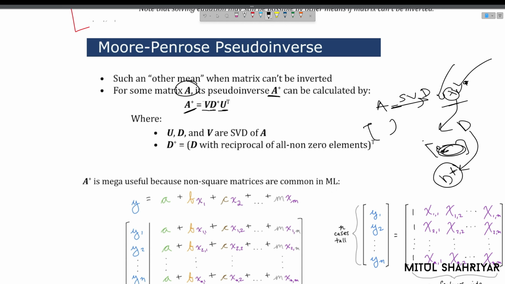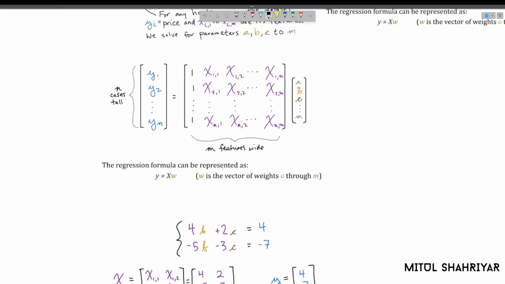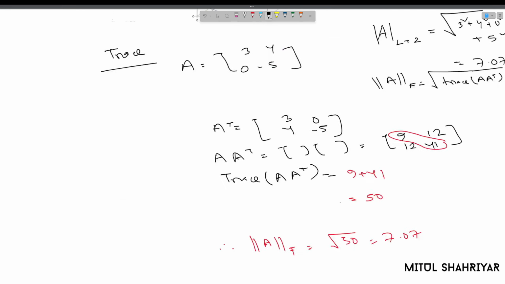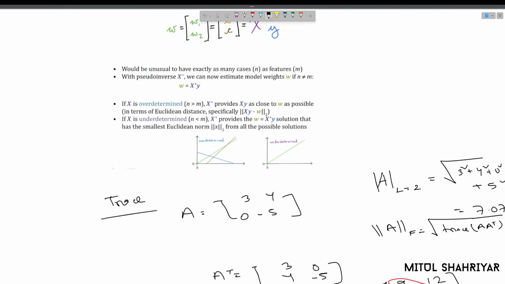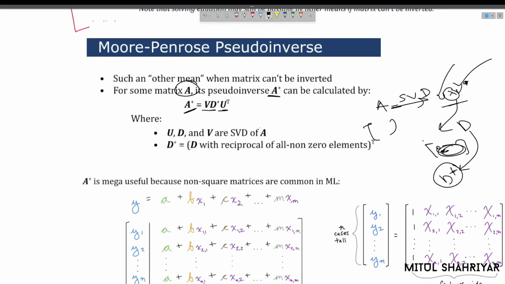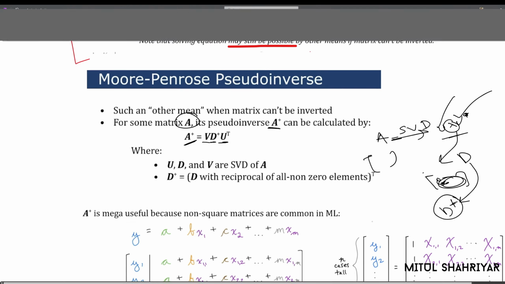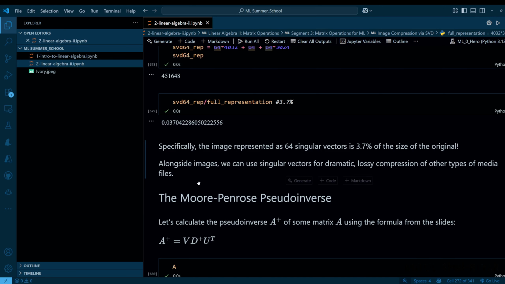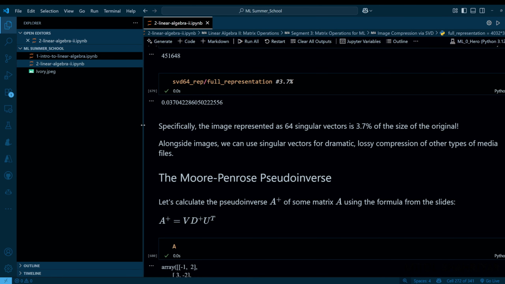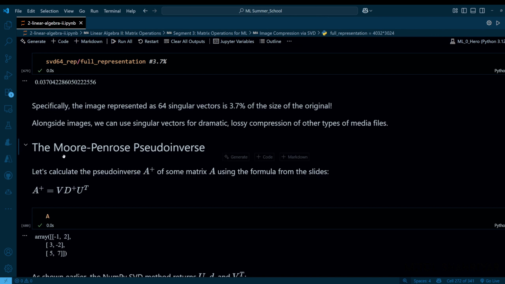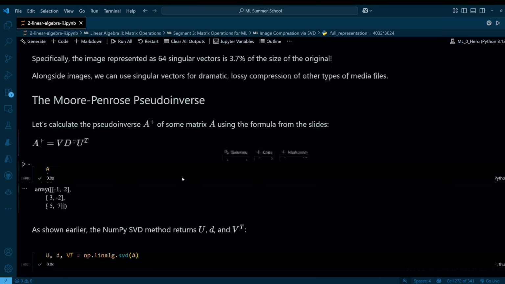Now you may ask, why do we need this? Interesting question, and it will be answered here, but prior to that, let's focus on how we can generate them. If we go to our example, you see the Moore-Penrose pseudo inverse.